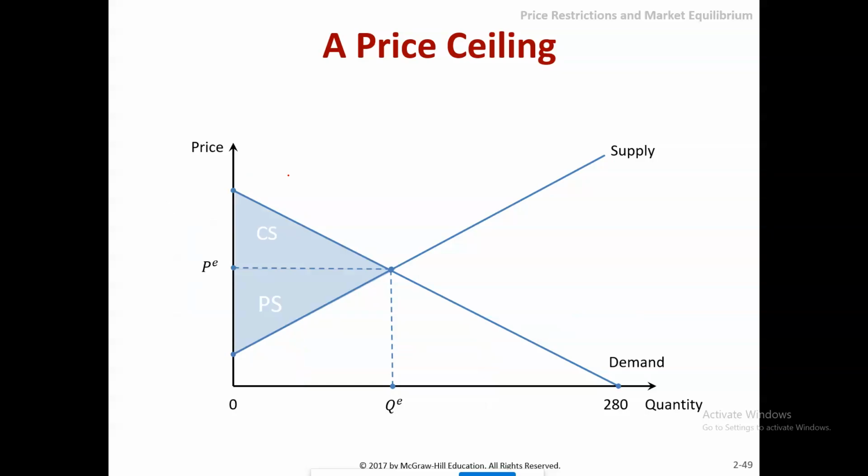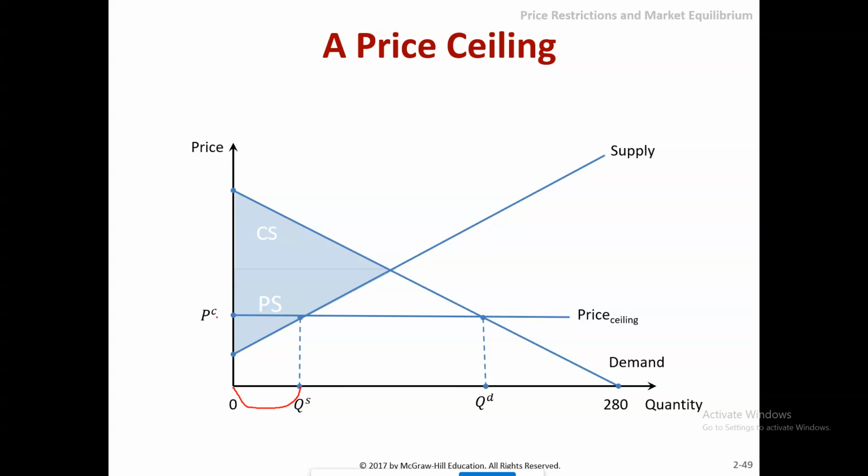Now, we have a price ceiling. The price ceiling sets the quantity supplied, the amount of products willing to be sold, at QS, limited over here. Even though consumers want this much, they don't have this much. This is the only amount offered and available for transaction in the market.